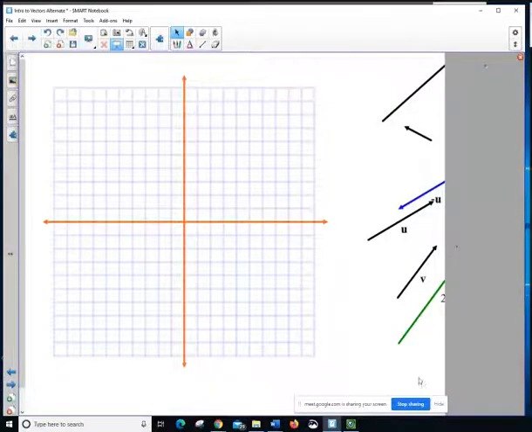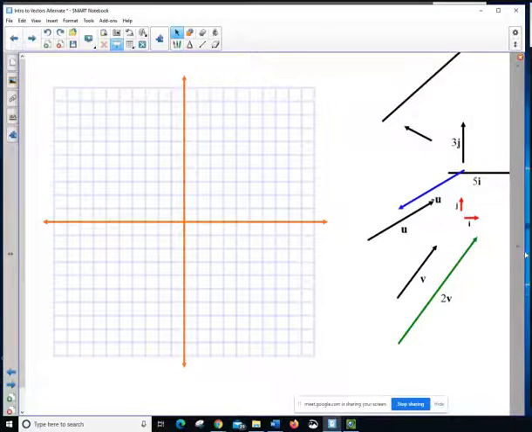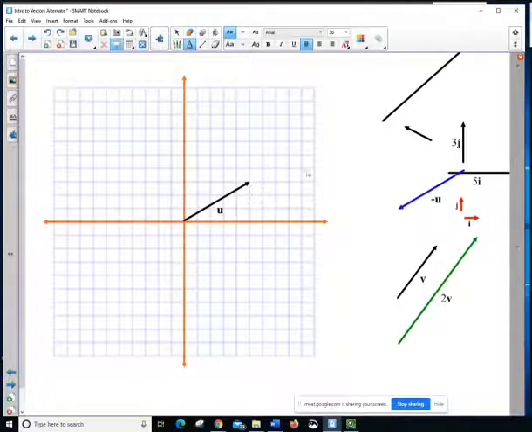Okay, but before we move on, there's actually an alternate way of describing these vectors. So far at this point, we have described this vector using an ordered pair.